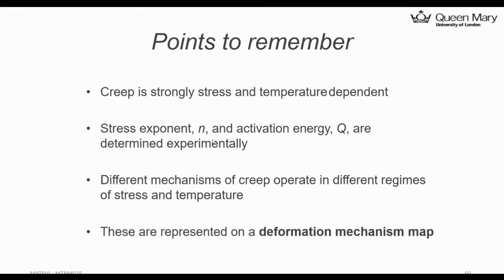So the point to remember here is creep is strongly stress and temperature dependent. So there's a stress exponent n and activation energy Q, which are normally determined by experiment. And also this deformation map is governed by different mechanisms, which is very interesting.